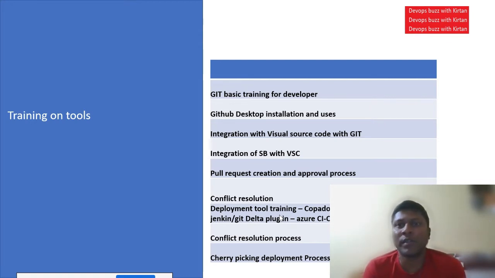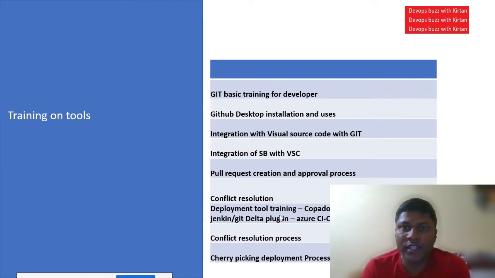Generally, you will most of the time need to update the code, check in the code, check out the code, all those things. It will come under the Git basic training for the developer. I'll create a dedicated video for this Git basic training for Salesforce developers.